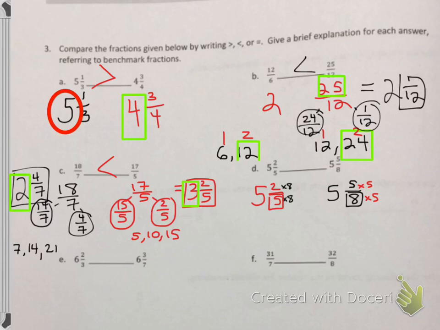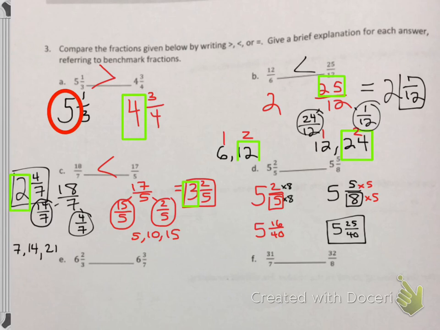So let's do that. Let's change these to 5 and 16 fortieths, and this will be 5 and 25 fortieths. Okay. Now we know which one is closer to the whole. It's definitely 5 and 25 fortieths.